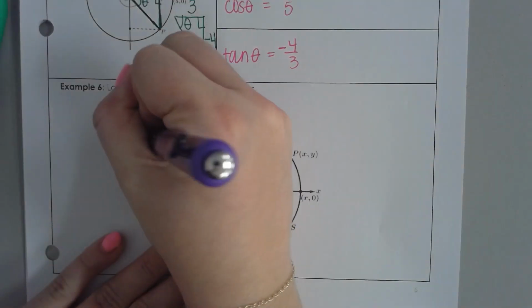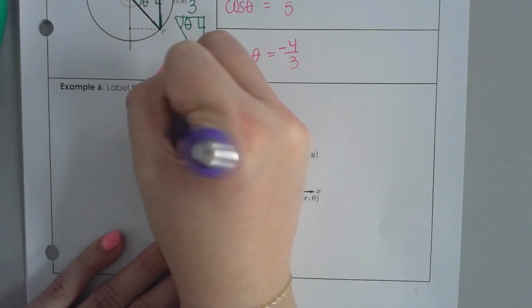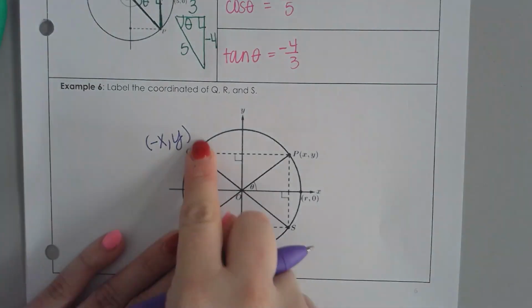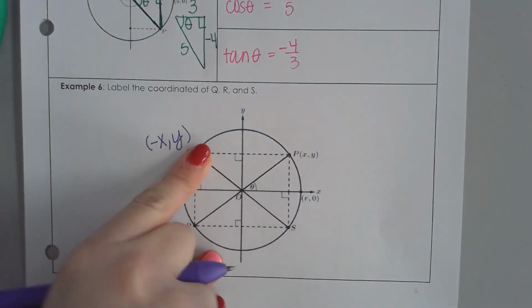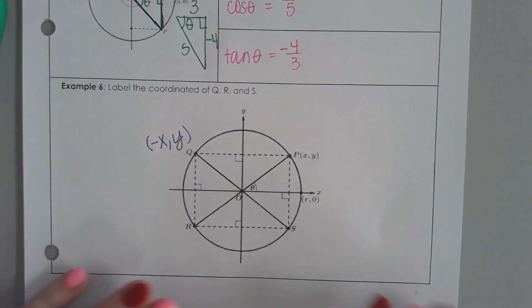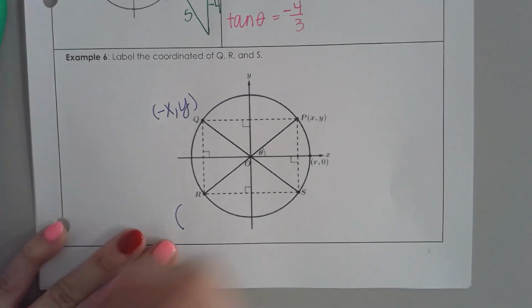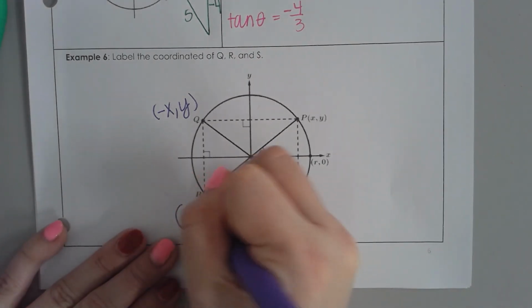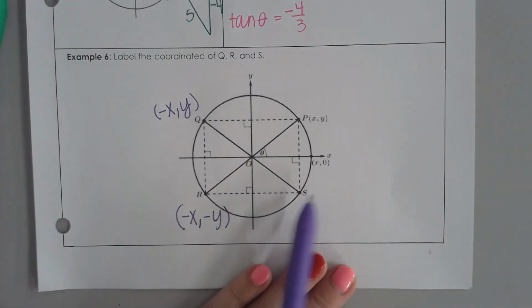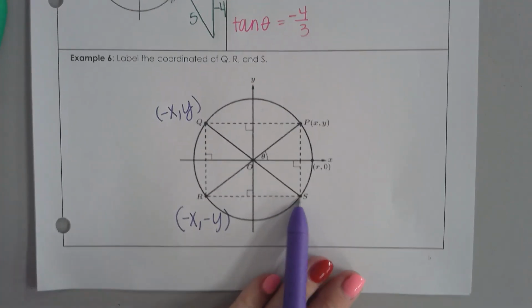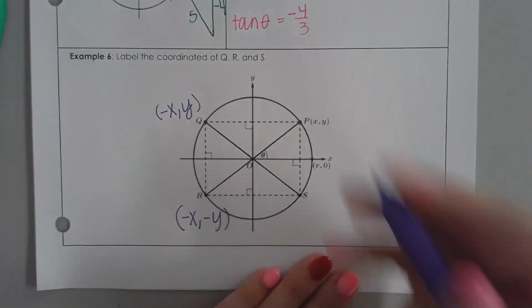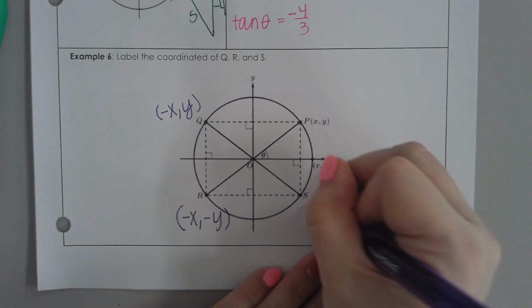Yes. Yeah, that's what I'm looking for. -X, Y. Because you go negative and then up. What would R be? -X, -Y. And then S is positive.